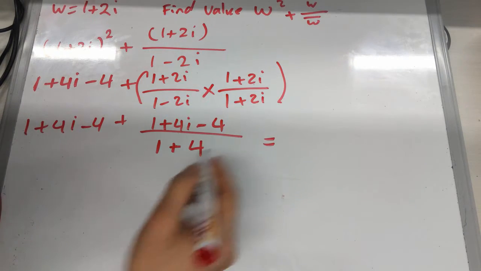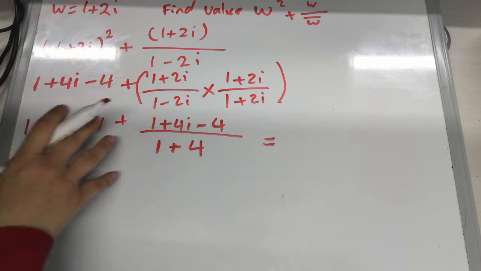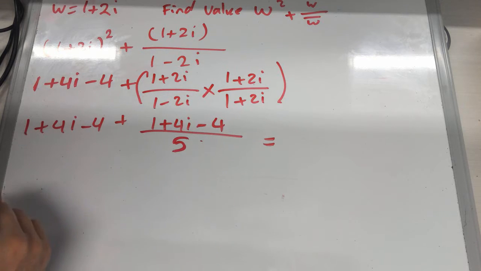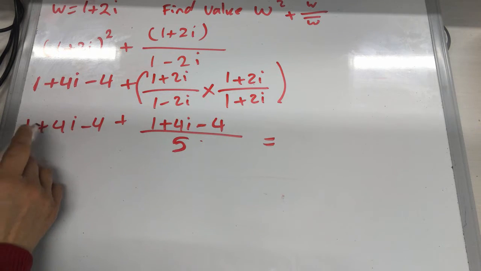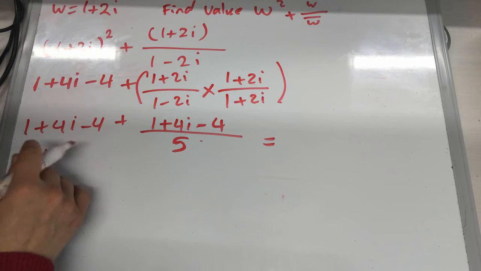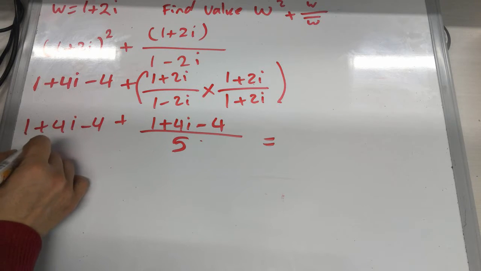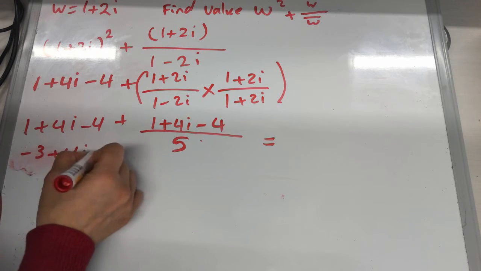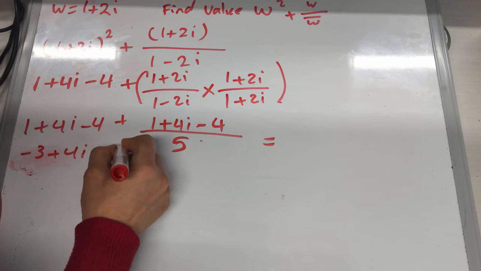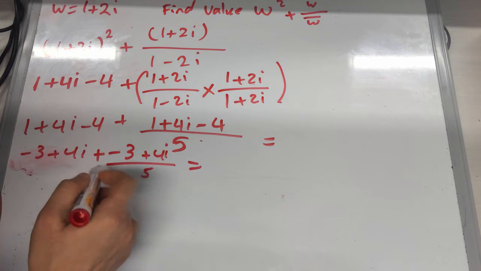And then I would split the real parts together and the imaginary parts together. I will simplify it first. I've got 1 minus 4, that's -3, plus 4i, plus this one here, again -3 plus 4i over 5.